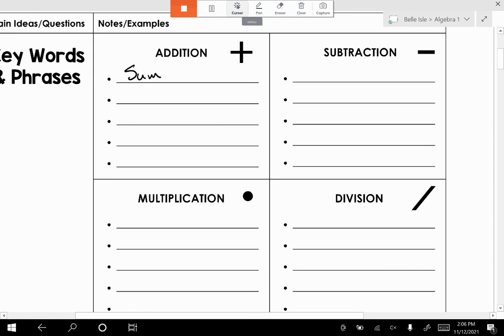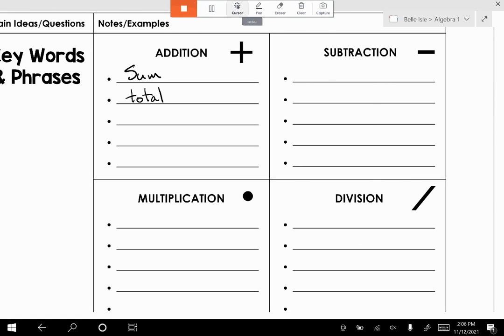Y'all are not wrong. This is kind of like Family Feud. You're guessing words. You're not technically wrong, but it's not the words I'm looking for. Tristan. Total. Okay, give me another one. Add.